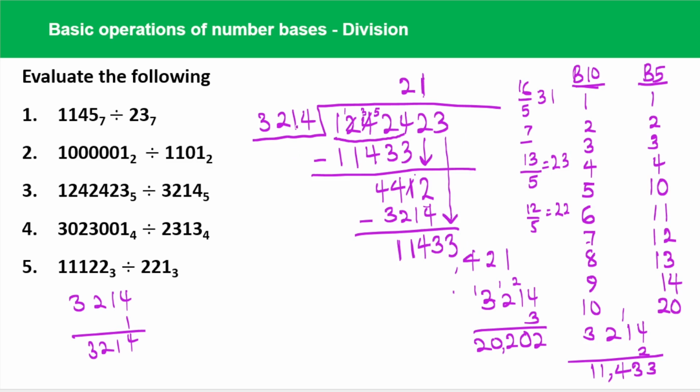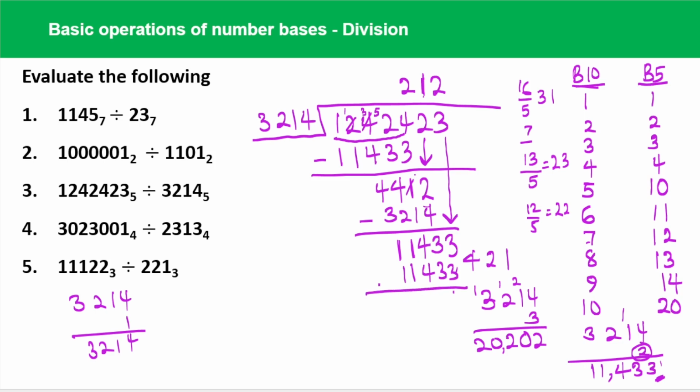Now 3214, we repeat the division process again. 3214 divide 11433. How many times will 3214 go in 11433? You can see we already have that here, 11433. So it will go twice, just 2 times. 2 times 3214, that will give us 11433.